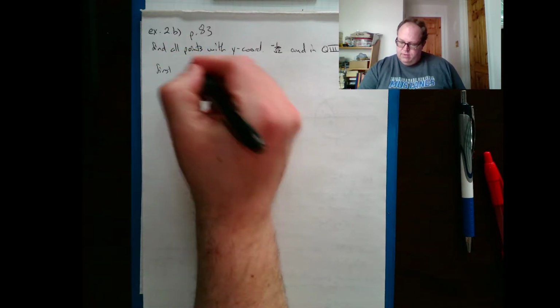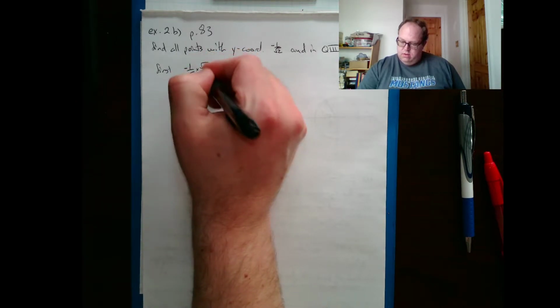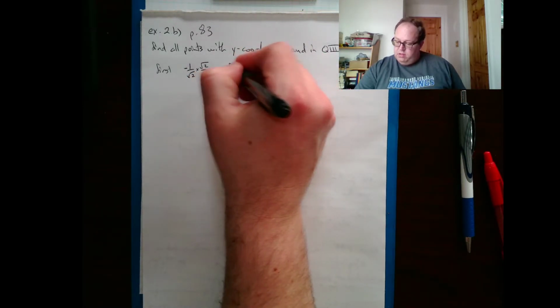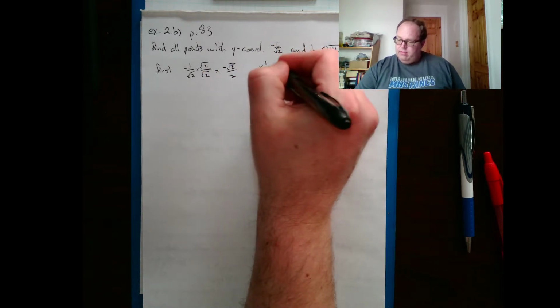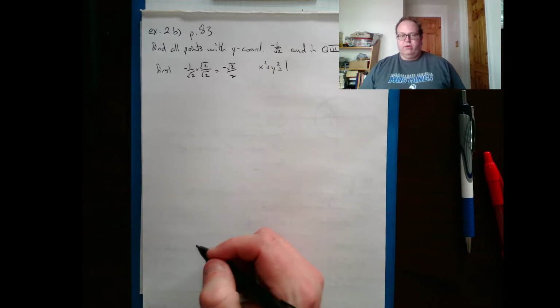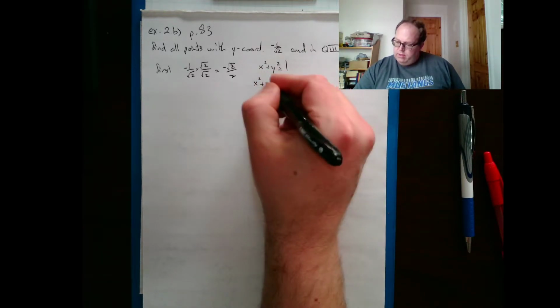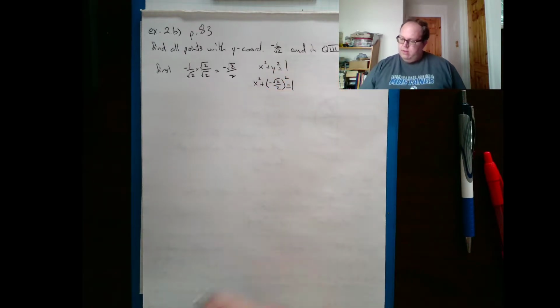First, I'm going to rationalize the denominator on this 1/√2. I get -√2/2. Then it has to satisfy my general equation for the unit circle. So my y coordinate is -√2/2, which I square.